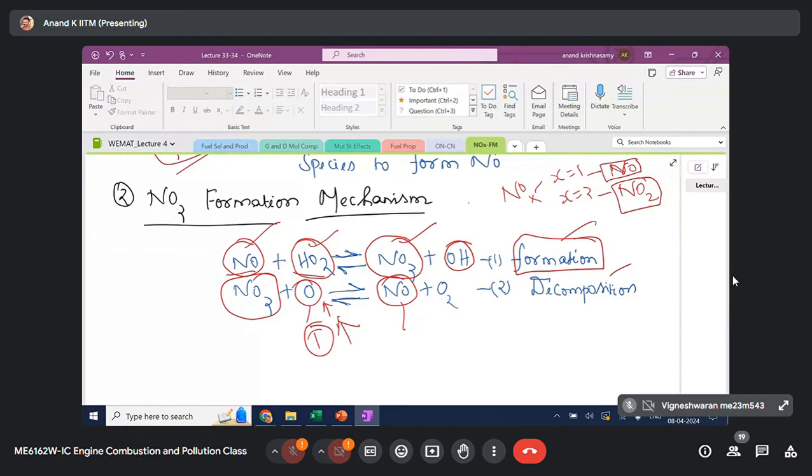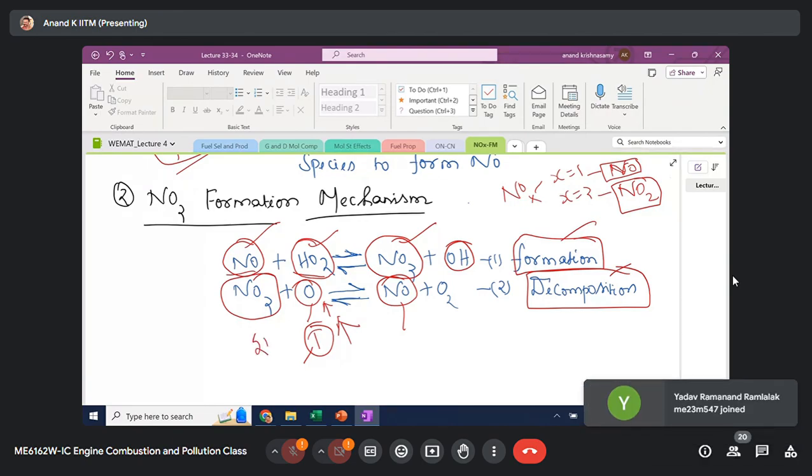So what I want to convey here is that the conversion of NO2 to NO, which is called the decomposition reaction, is primarily dependent on the availability of O radical. And the availability of O radical is dependent primarily on the temperature levels in the cylinder. When temperatures are high, O radical availability will be high. This is what is happening in a spark ignited engine.